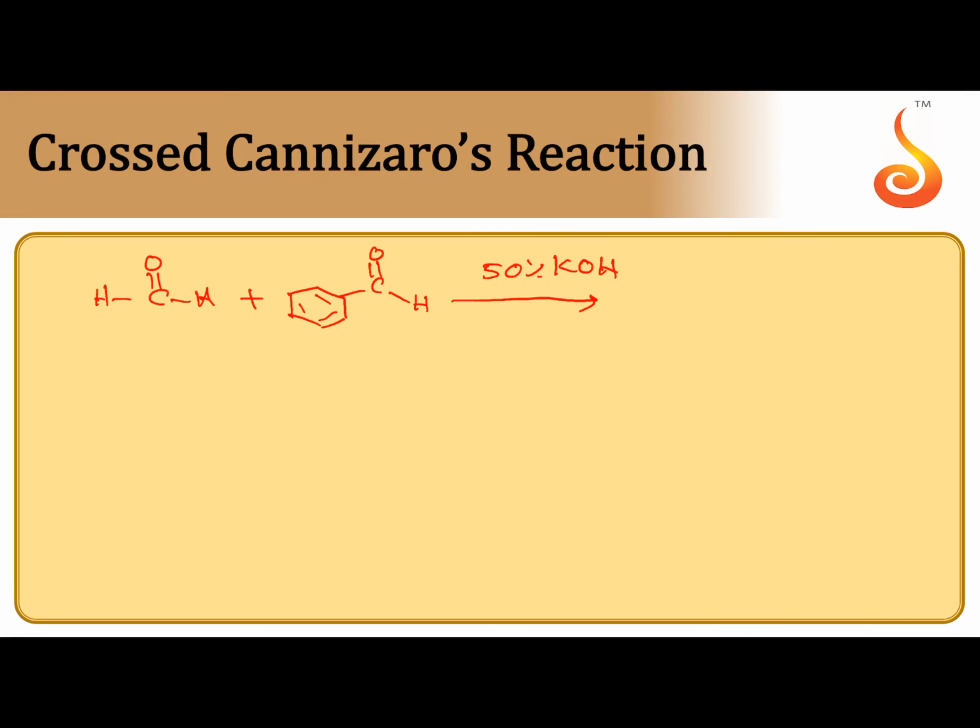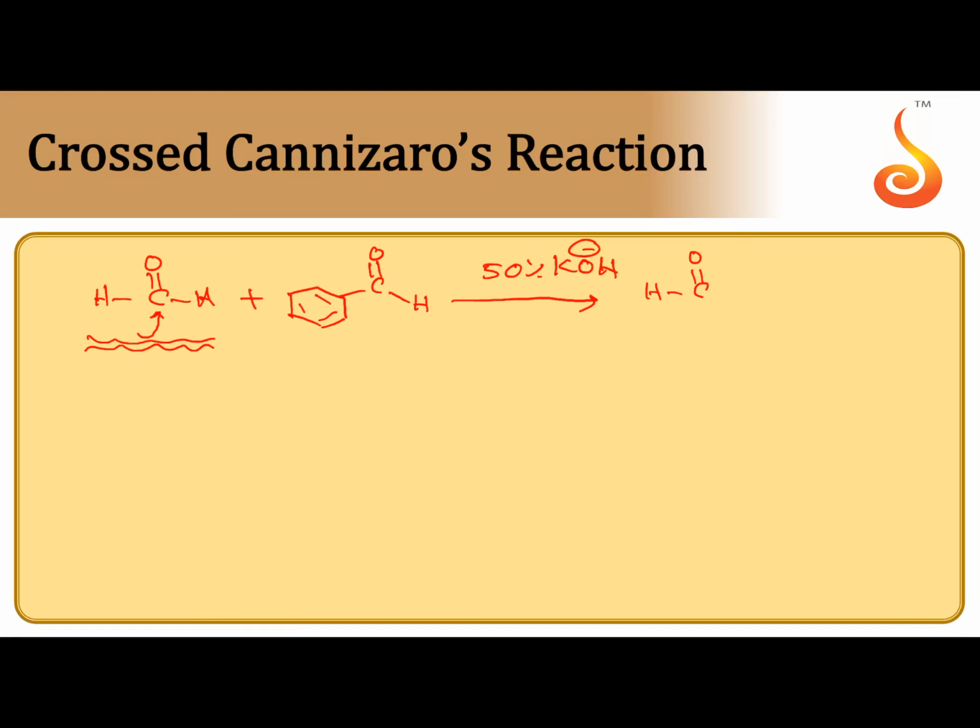The important step here: which one is undergoing oxidation? Remember, first of all, OH minus has to attack the electrophilic carbon, the carbonyl carbon. So OH minus preferably attacks the carbon which has less steric hindrance around the carbonyl carbon. So the smaller one, the aldehyde with less steric hindrance, undergoes oxidation preferably.